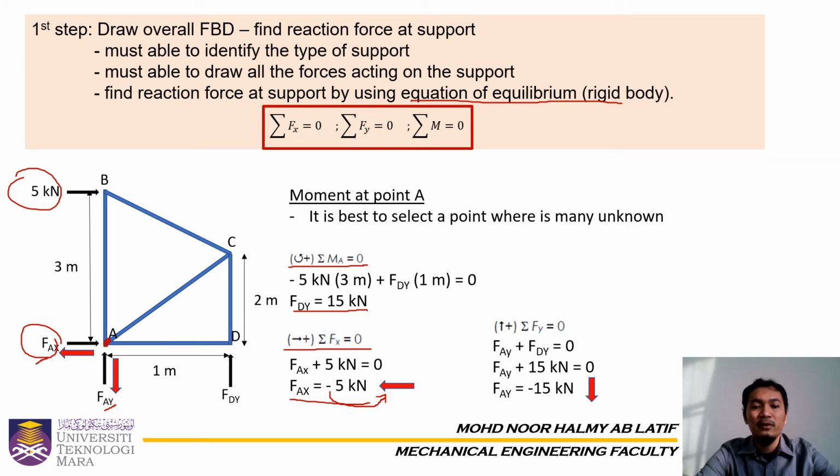To find FAY, we can use the summation of force Y equal to 0, which has FAY and FDY. By solving that, we're going to get FAY equal to negative 15 kN, which shows that the force is pointing downward.